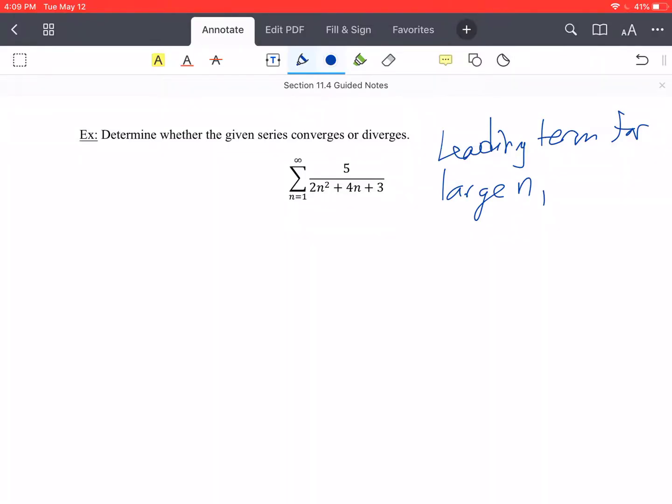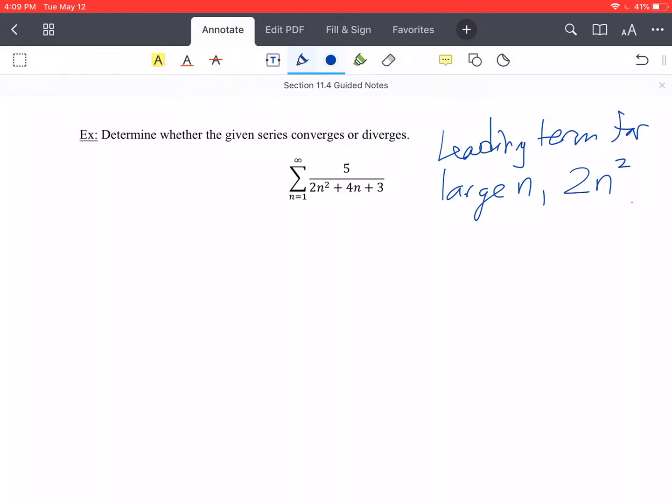When n is really large, what's the term that's going to dictate the behavior of this function the most? In this case, it's going to be this 2n squared down here. That one's going to have the most weight, the most pull on the value of the function. So we're going to use that as our baseline to determine convergence or divergence.